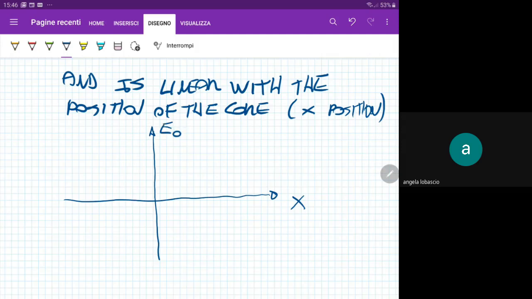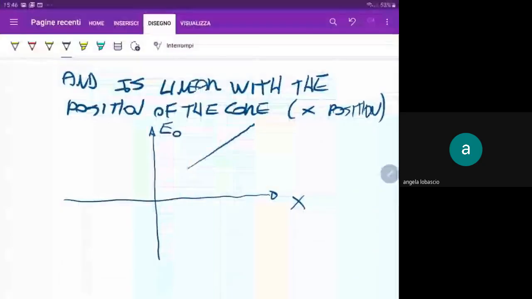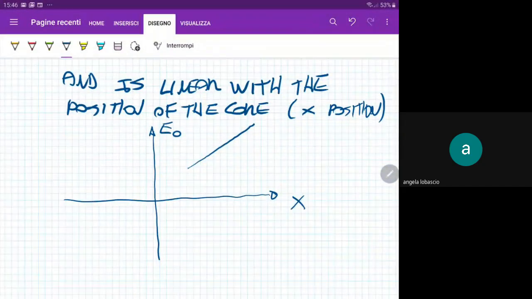What we get is something like this: linear, both in the first quadrant, positive values of both x and E0, and for negative values.